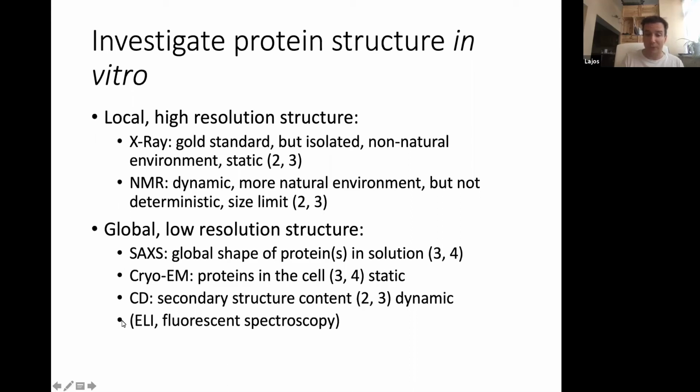And there are some other old ones, like fluorescence spectroscopy, where we utilize the inherent fluorescence of tryptophan and tyrosine. They are emitting different wavelengths, or different intensity, if they are exposed or if they are not exposed. Both of these amino acids are highly hydrophobic.